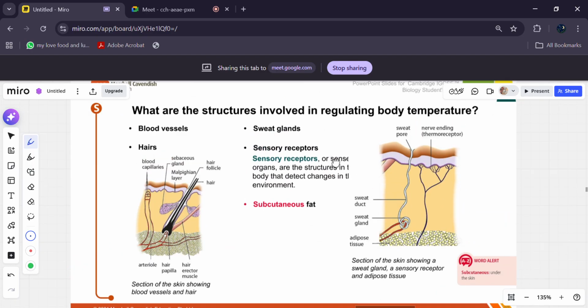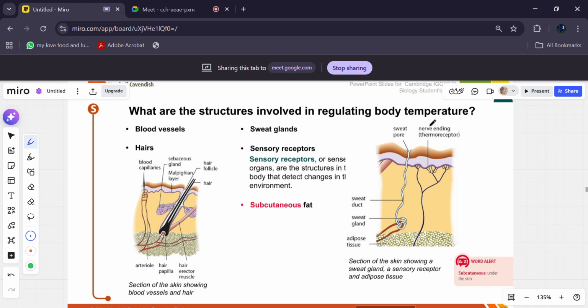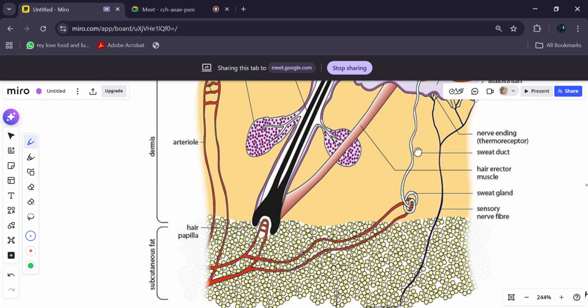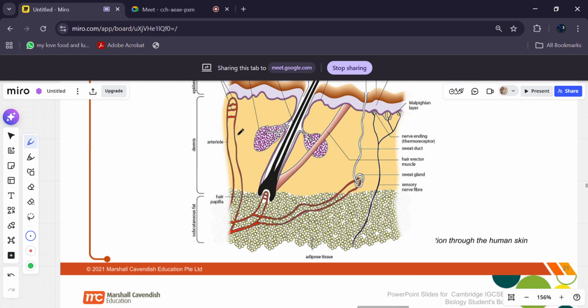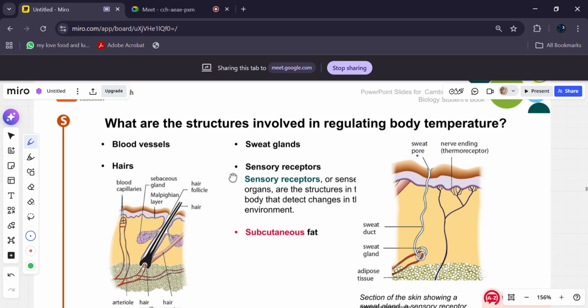So what are the structures of the skin and how do they help regulate body temperature? Well, you see these blood vessels, the blood capillaries and blood vessels in the dermis. What are the structures involved in regulating body temperature?